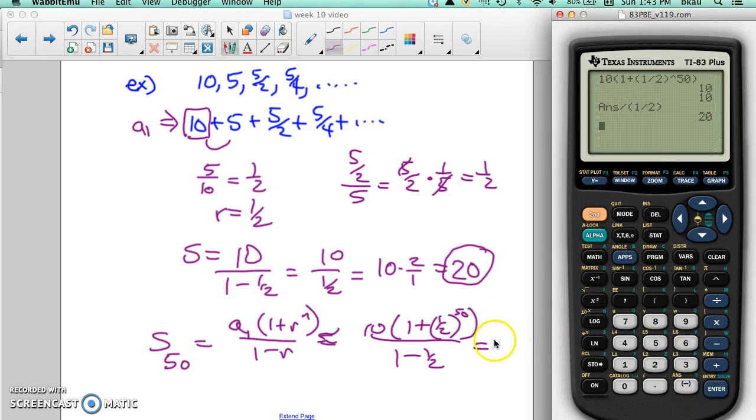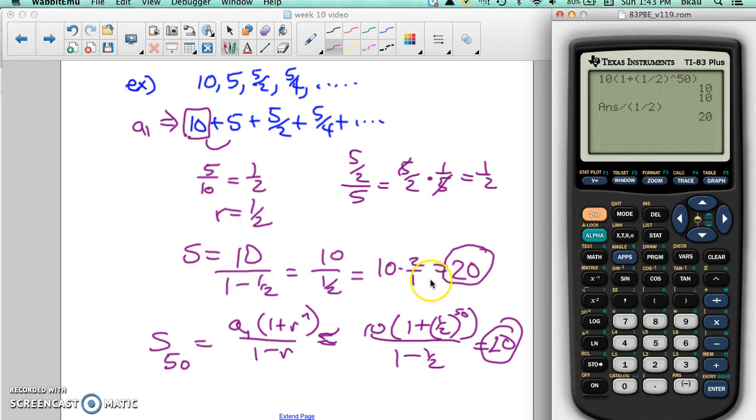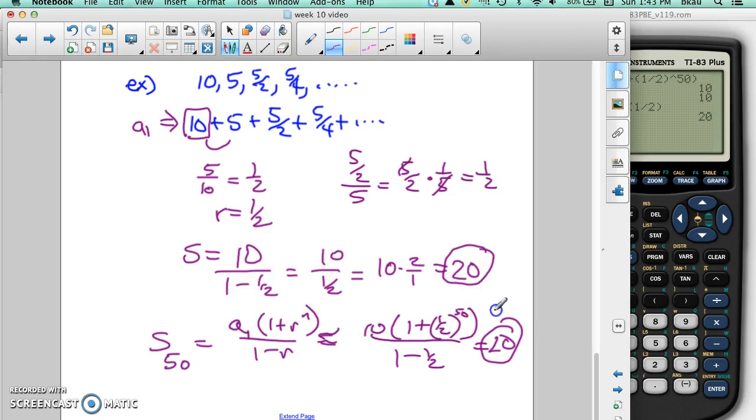So at the 50th power, it's saying it's still 20 because 1/2 to the 50th power is so close to 0 that we're just going to get 1 here. So this is going to be approximately 20. Just to even do the formula with the 50th power, we get 20. So we used such a big number here that it was very close to the same number. But if we just look at the first two terms, that's just 15.